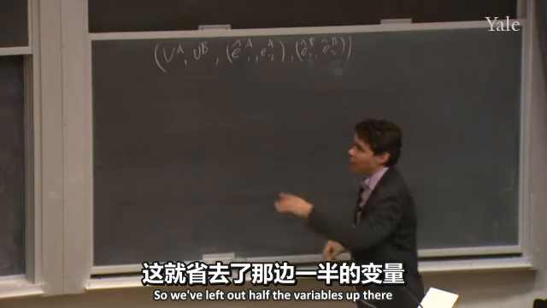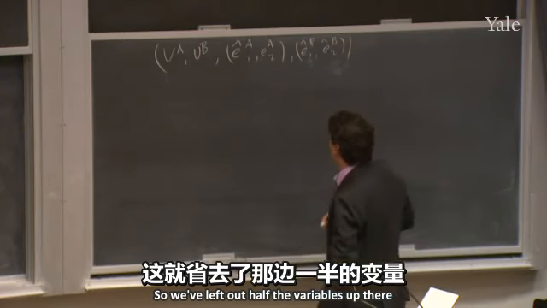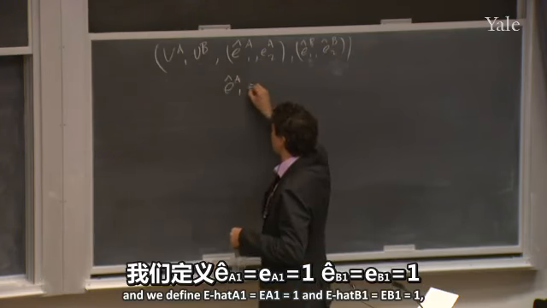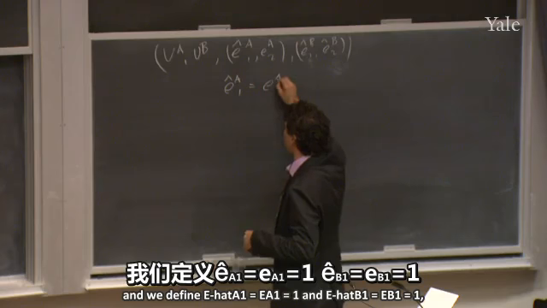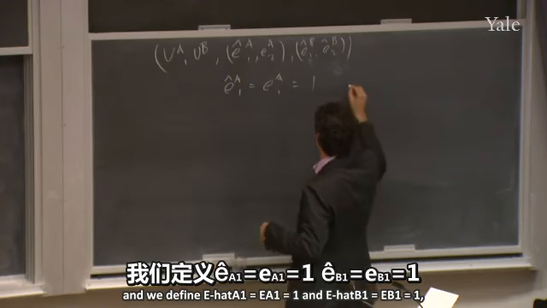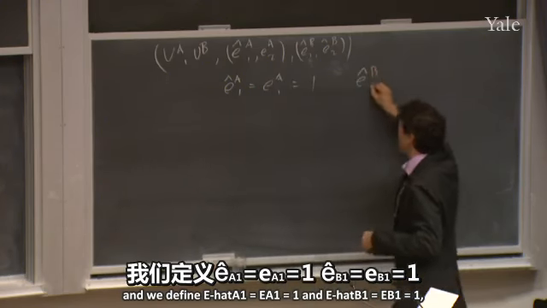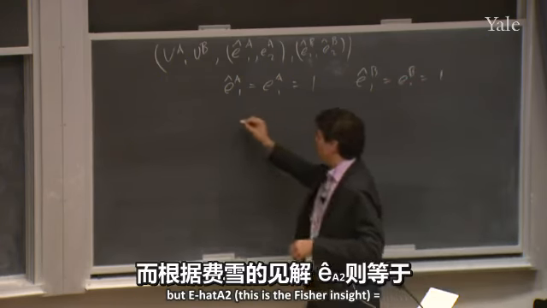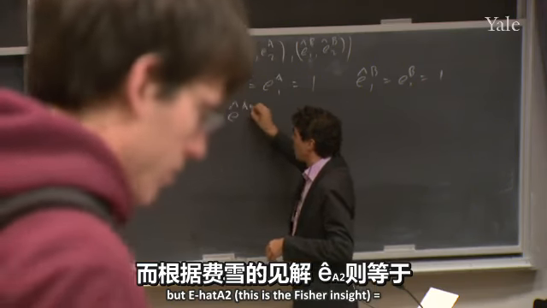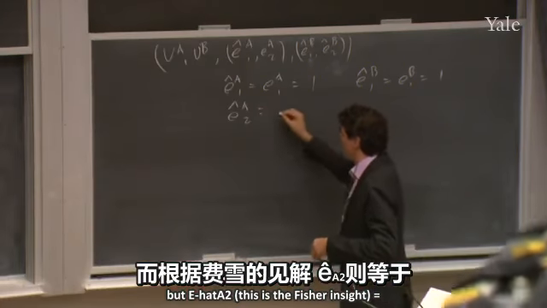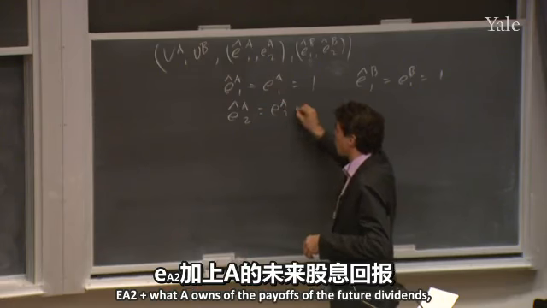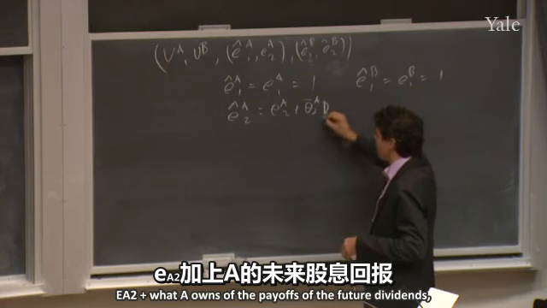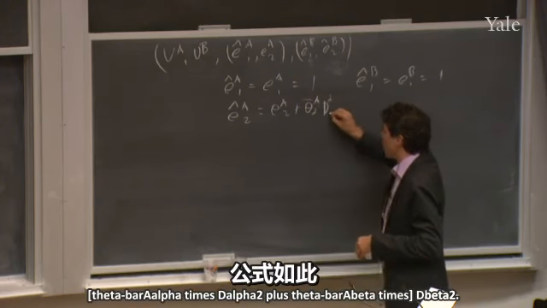So we've left out half the variables up there, and we define E hat A1 equal to EA1 equal to 1, and E hat B1 equal to EB1 equal to 1. But E hat A2, this is the Fisher insight, equals EA2 plus what A owns of the payoffs of the future dividends.